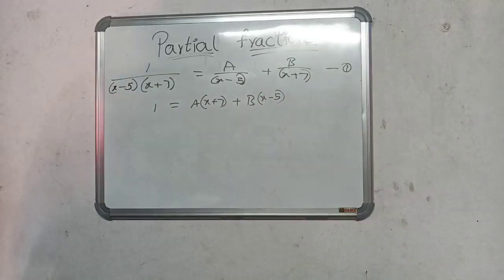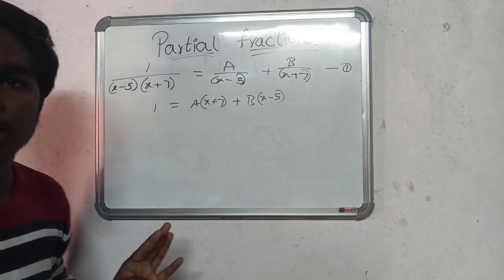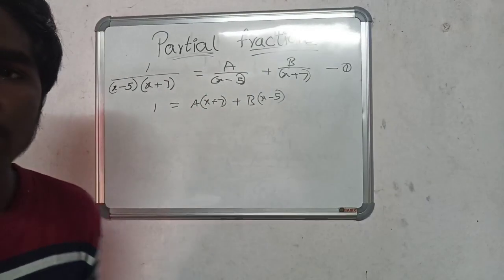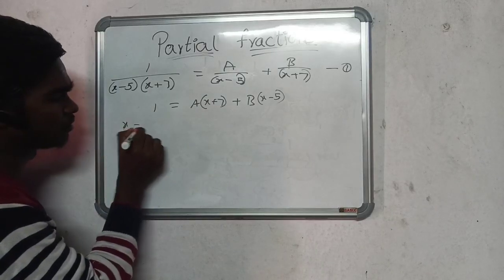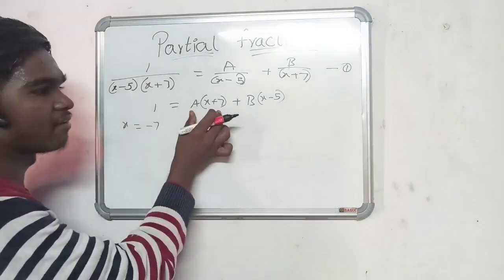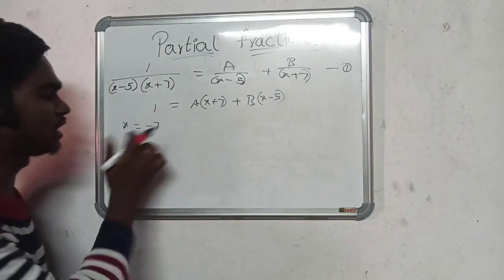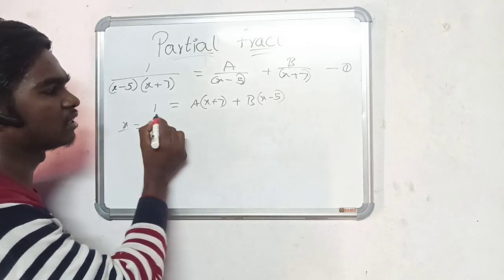Now we have to get the value of a and the value of b. For that, let us take x is equal to minus 7. Then the a term will become 0. Substitute x is equal to minus 7 in the whole expression.